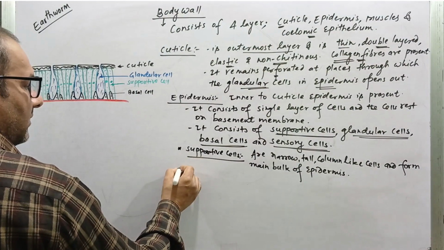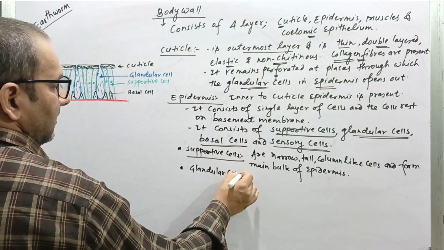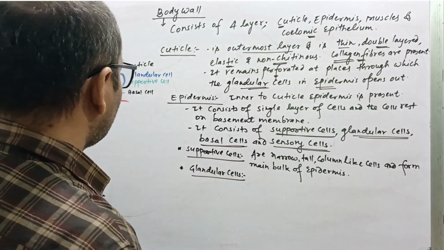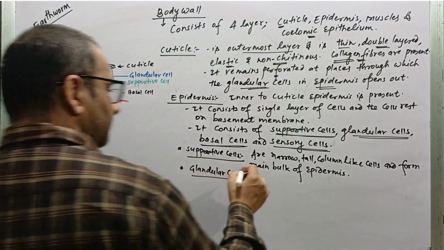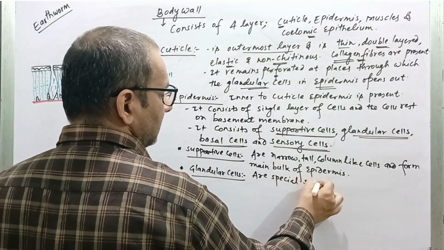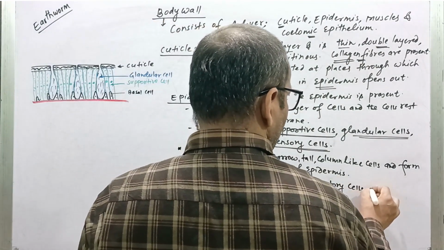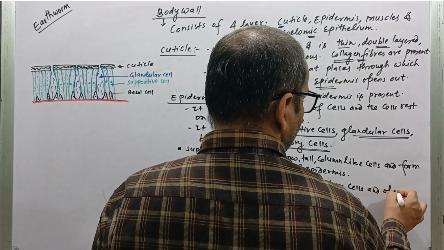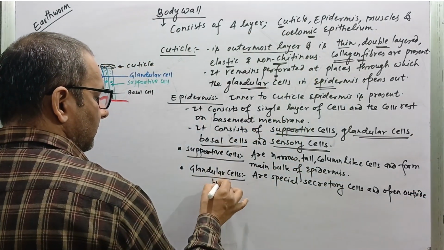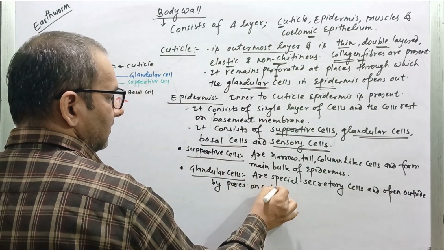Now the next type is glandular cells. The glandular cells are a special type of cell which secrete some substances, or they are special secretory cells and open outside by pores on cuticle.